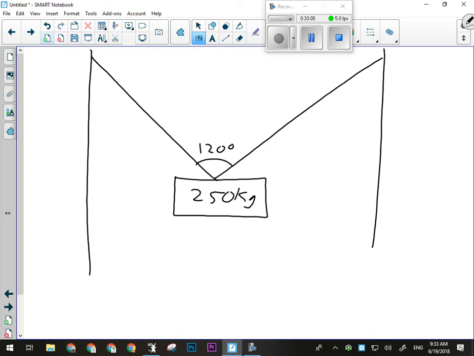The angle between the cables is 120 degrees. I want you to calculate the tension in either one of those 2 cables. Doesn't matter which one, because they are equal. But find the tension in one of the cables.